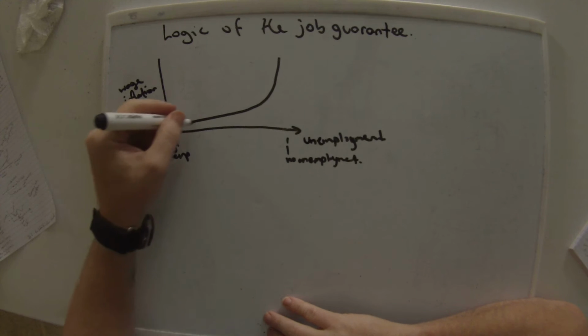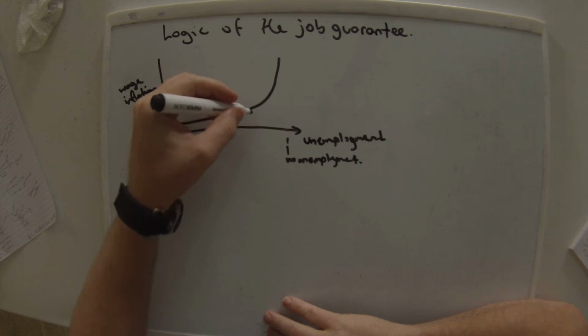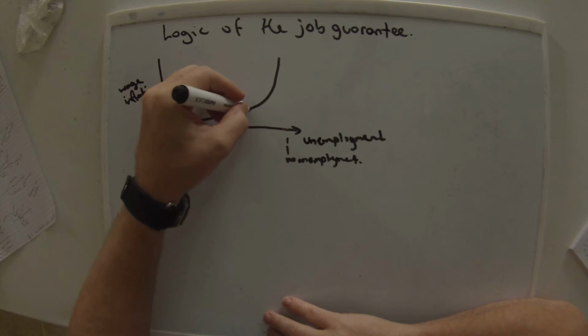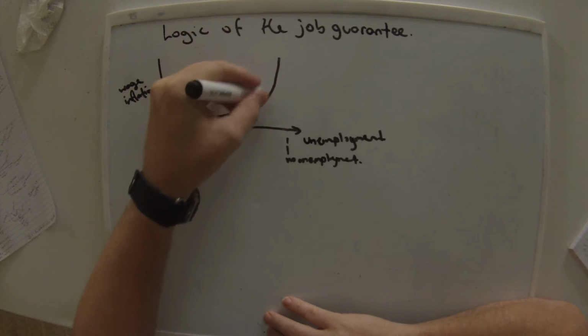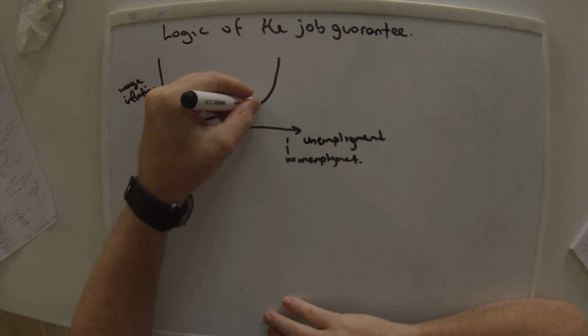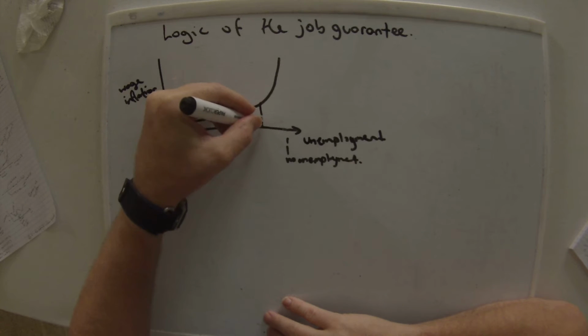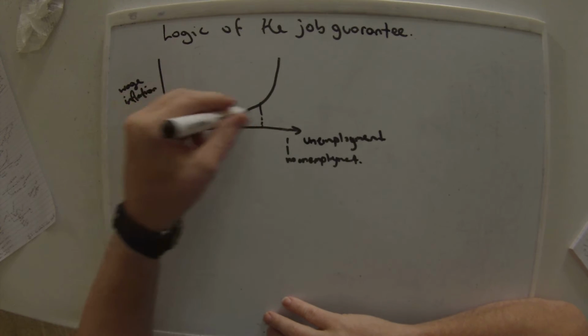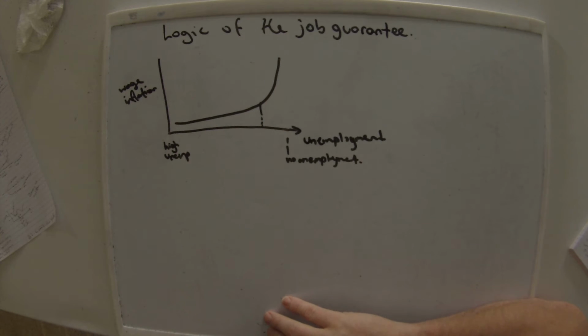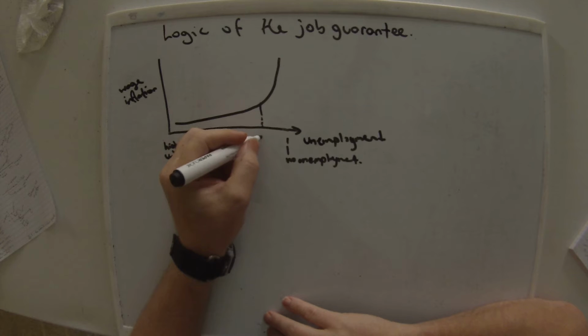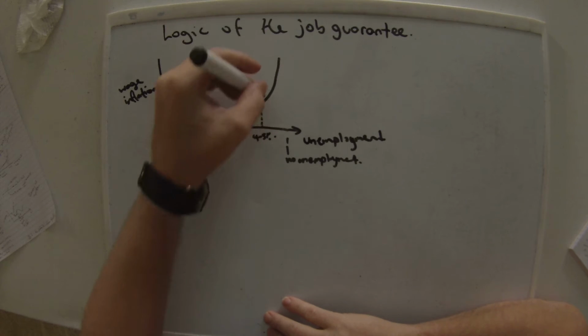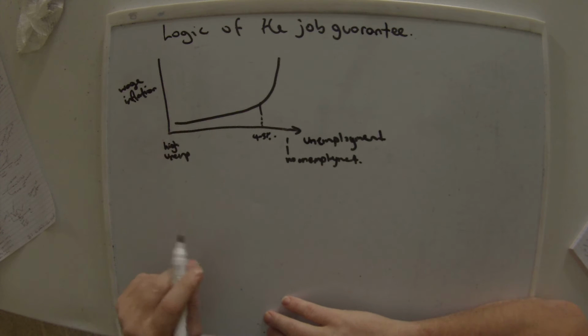So what happens is, not much happens for a long period of time, and then you reach a certain point and the inflation will start to rise rapidly. So let's say we put that as the divider between where there's not much of a change to where there's a rapid change. And this occurs at around 4 to 5% unemployment. So this is less unemployment here and this is more unemployment.